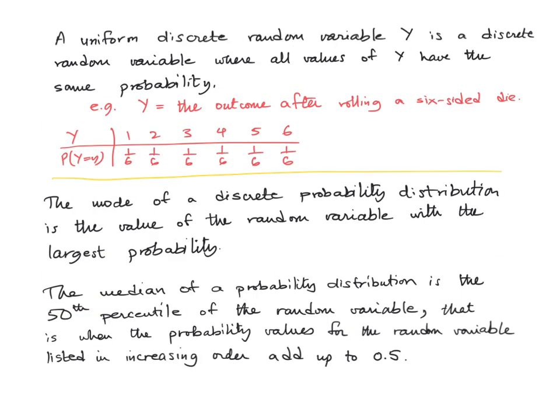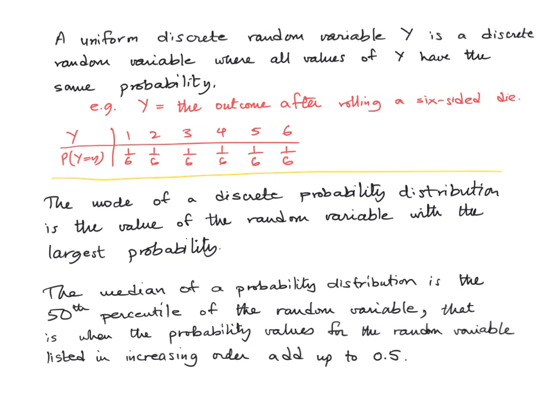Now, just so that we've seen it, it's pretty common, so you recognize the name. A uniform discrete random variable, y, let's call it, I'm just changing variables here for a second, is a discrete random variable where all values of y have the same probability. So the heads and tails one, where we're counting the number of heads with 2 coin tosses, was not uniform because different values had different probabilities.